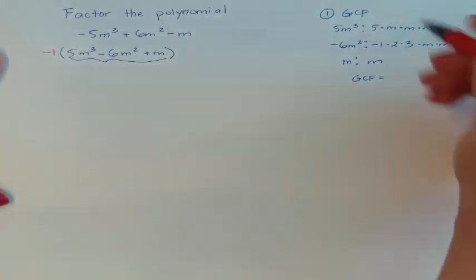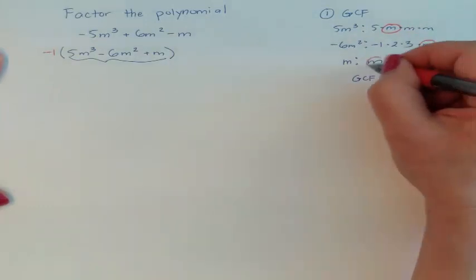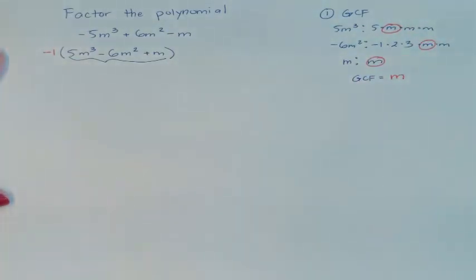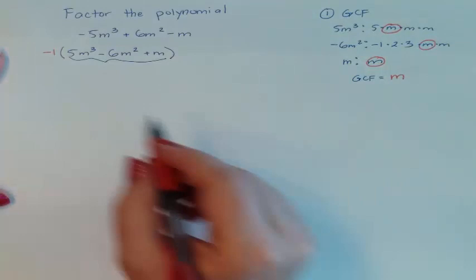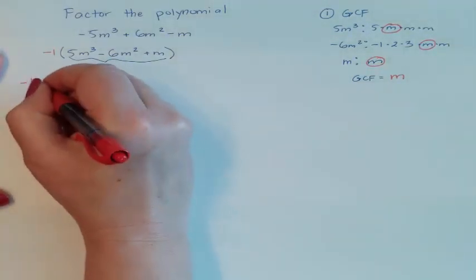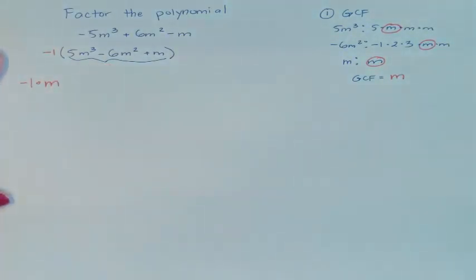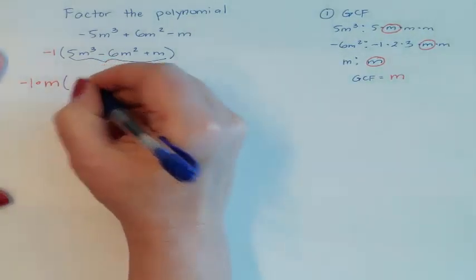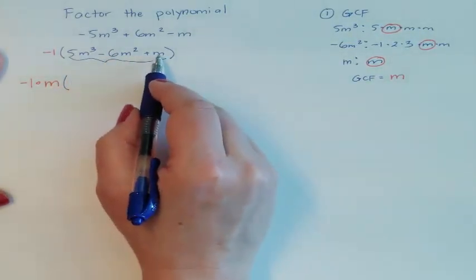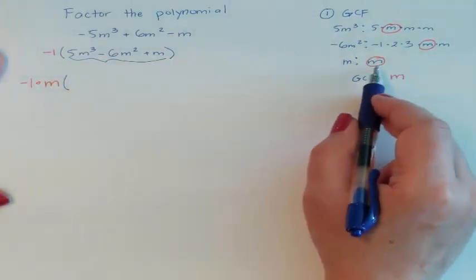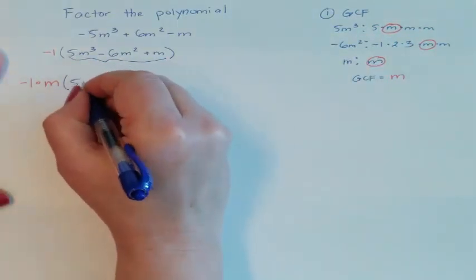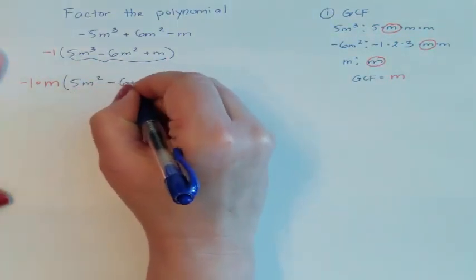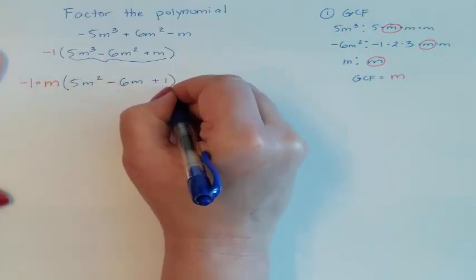So I see that I have an m in common in all of them, so I'm going to write an m, and there's nothing else there. I already had a negative 1 factored out. Now I'm going to factor out an additional m. So I'm going to divide all of these by m, or look to see what my leftovers were. So I have 5m squared minus 6m plus 1.